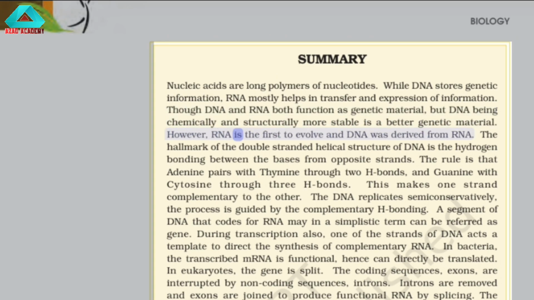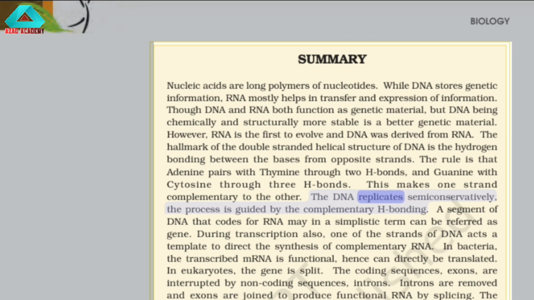However, RNA is the first to evolve, and DNA was derived from RNA. The hallmark of the double-stranded helical structure of DNA is the hydrogen bonding between the bases from opposite strands. The rule is that adenine pairs with thymine through 2 H bonds and guanine with cytosine through 3 H bonds. This makes one strand complementary to the other.